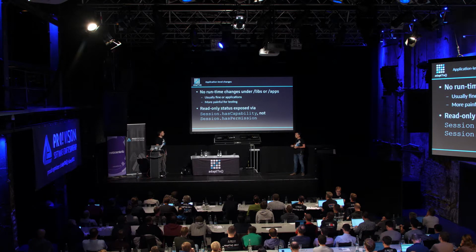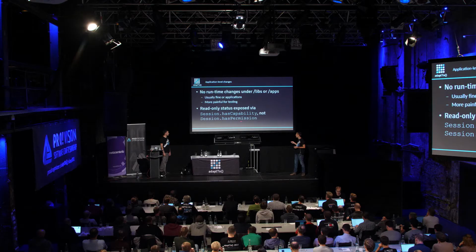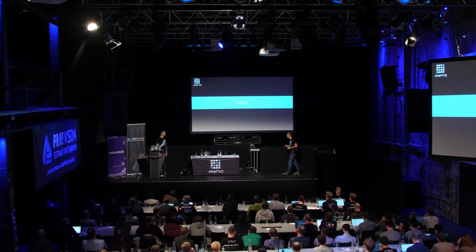The read-only status can be detected from your application, but not using session has permission, because it's not a permission issue, but instead using the wider session has capability method. So this way you can find out if libs and apps are read-only and gracefully react to it in your application.